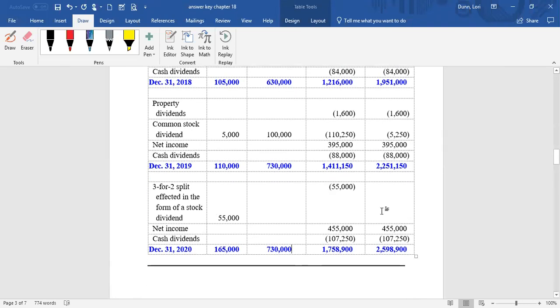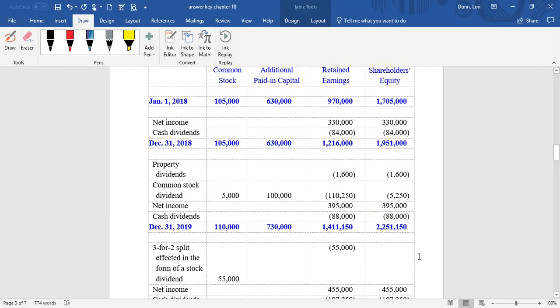So going into 2019, 1,411,150. We're going to decrease it for another $55 million, add net income of $455 million, and then subtract 107,250. So our final balance in retained earnings would be 1,703,900.